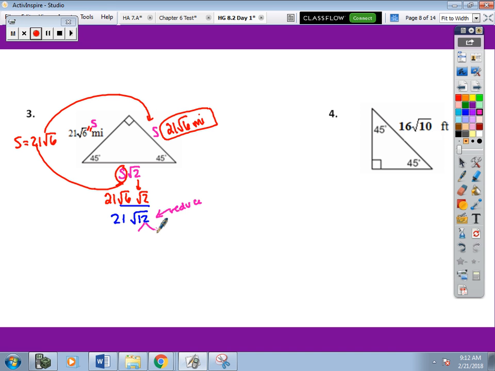Marquise? 4 and 3. Bring down the 21 with it. Take the square root of 4, which is 2. Now we multiply our outside numbers together to get 42 root 3. So this side would be 42 root 3 miles.